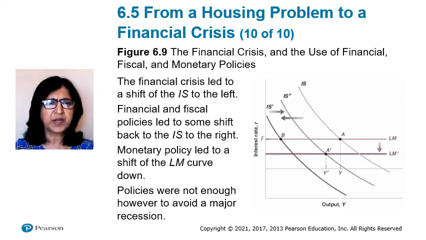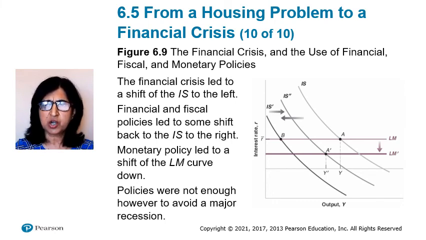Figure 6.9 shows the impact of the financial crisis and the use of financial, fiscal, and monetary policies to stabilize the economy. We can summarize our discussion by going back to the ISLM model we developed in the previous section. This is done in figure 6.9.